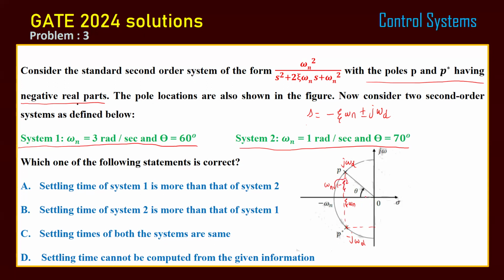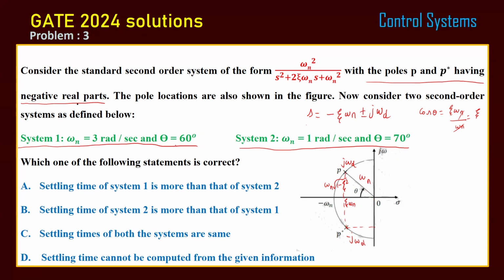Now, finding cos theta. Cos theta equal to zeta omega n by omega n, the hypotenuse being omega n. So this is equal to zeta.